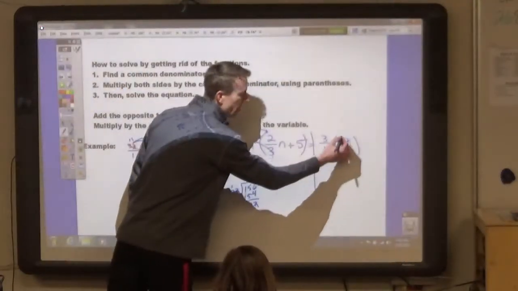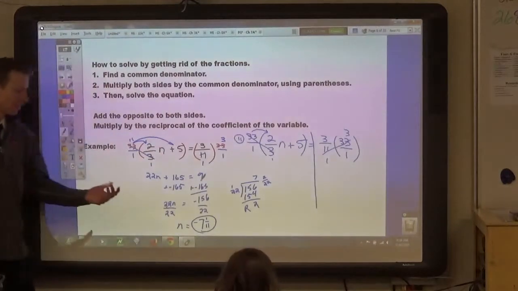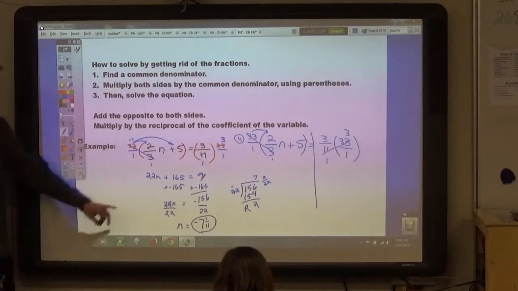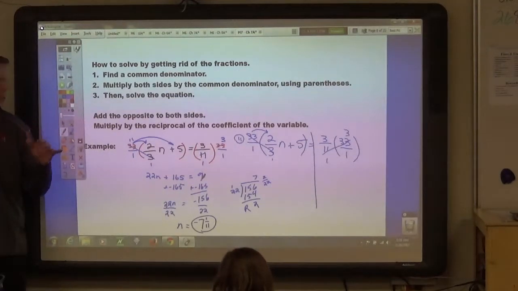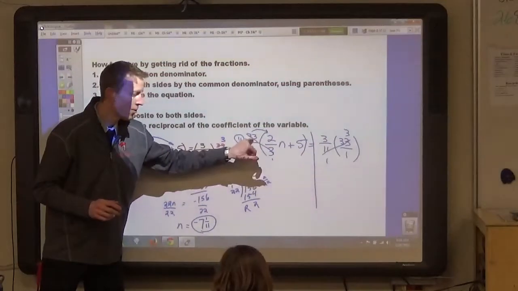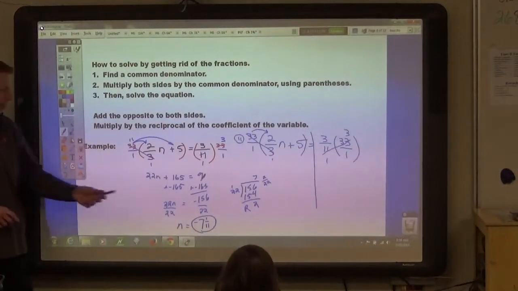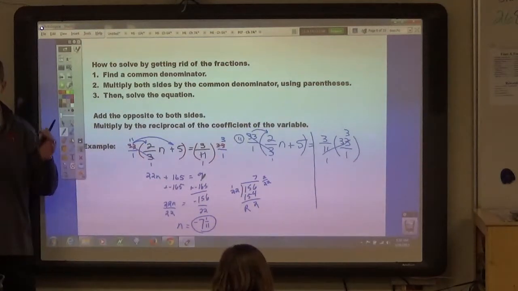Because it's 1/3, so that becomes just 9. Now we've got whole numbers. All we have is whole numbers, because the common multiple of both gets rid of those fractions. So our new equation is still a balanced equation.